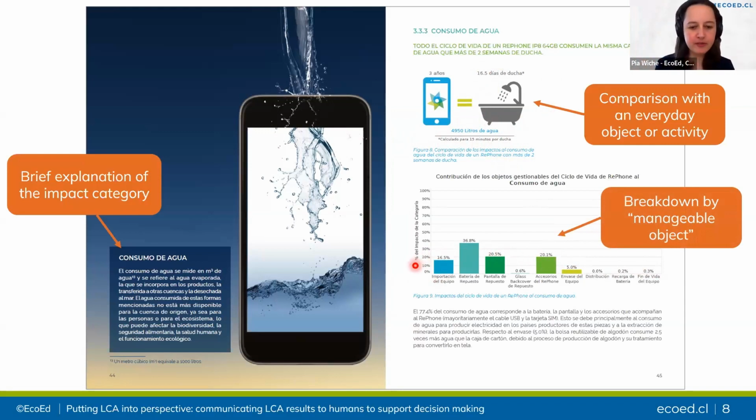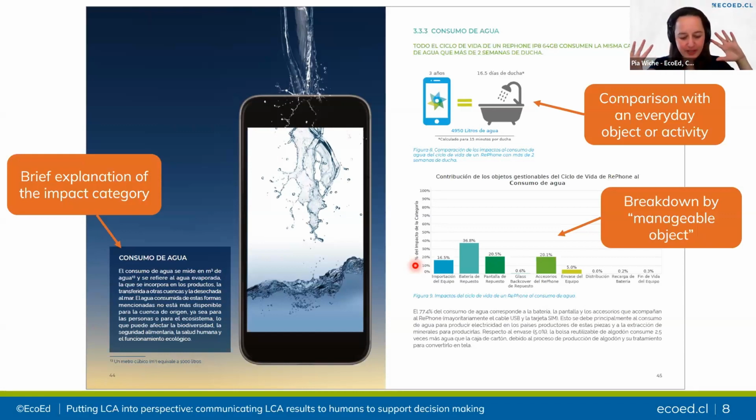In life cycle assessment, we are very used to saying the upstream and the core and the downstream, or production and then distribution, use and end of life. But that doesn't make any sense anywhere in the world which is not a life cycle assessment community.